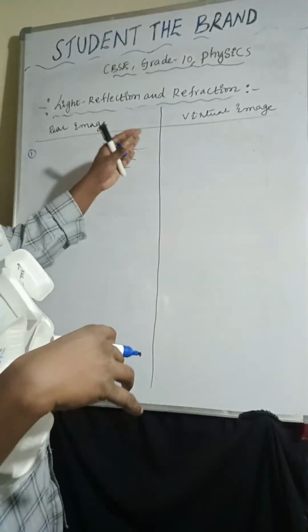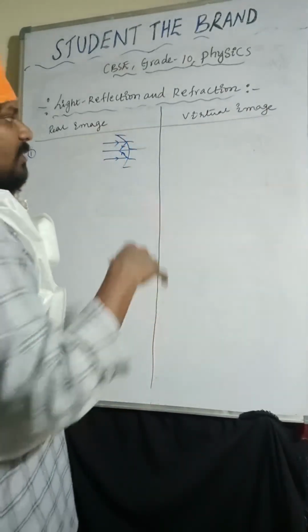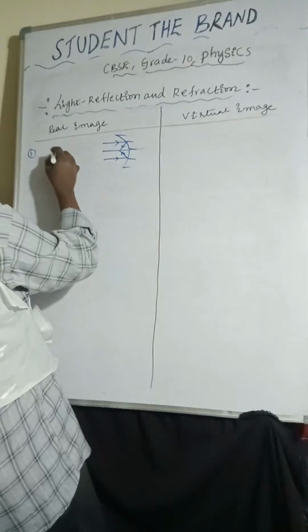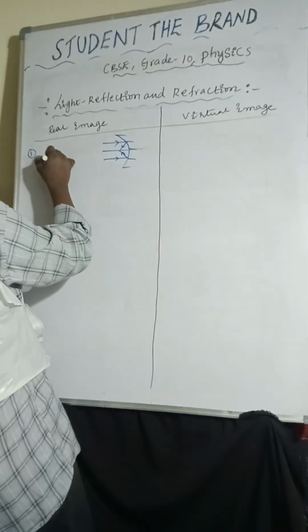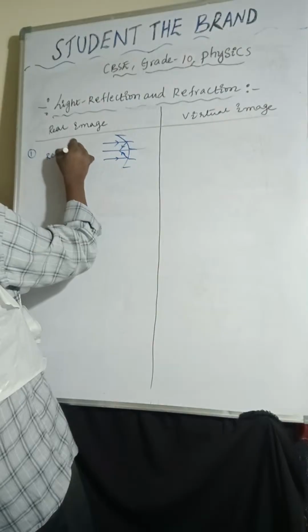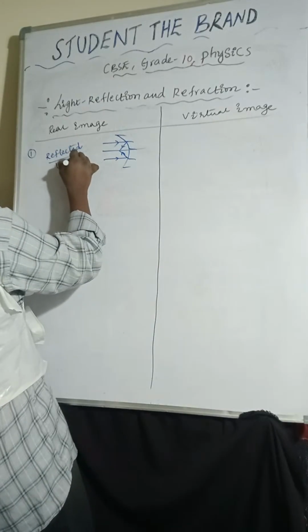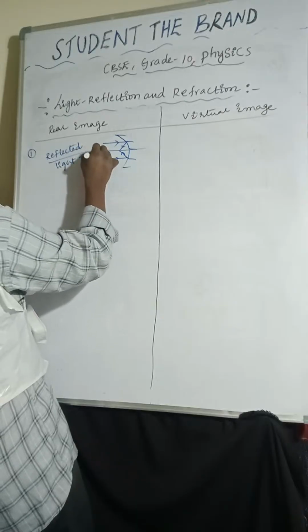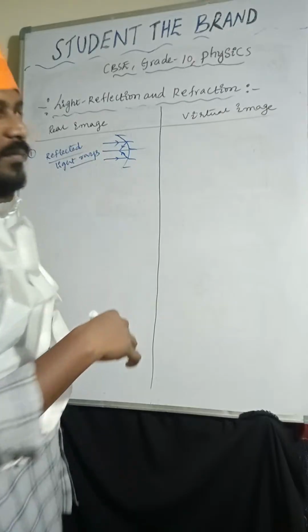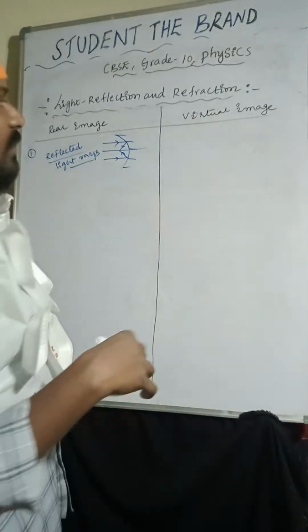After reflection, if the light rays directly meet, then the image will form. That type of image is called a real image. So the reflected light rays will meet at one point on the principal axis, then we can say real image.